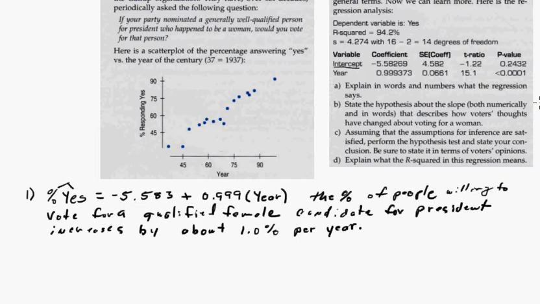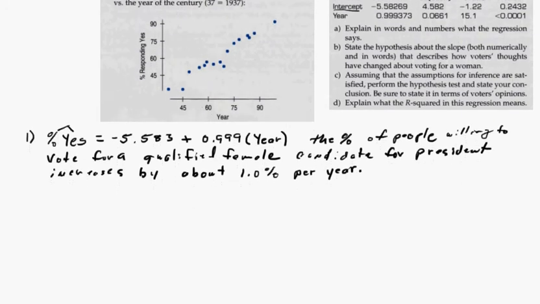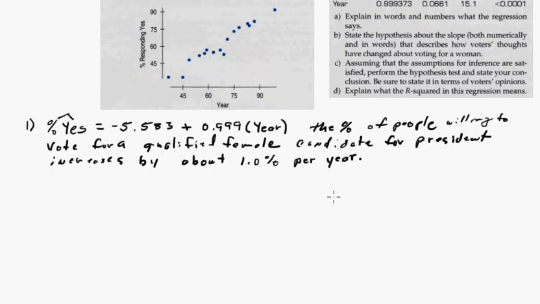Okay, now the second one says, state the hypotheses about the slope, both numerically and in words. So the issue here is that if we were going to do a test, what we want to do is make sure that this observed linear association that we see is not due to randomness.